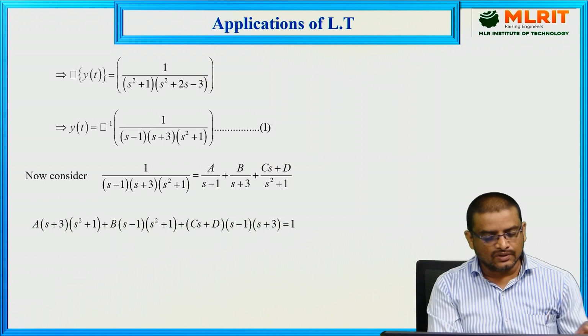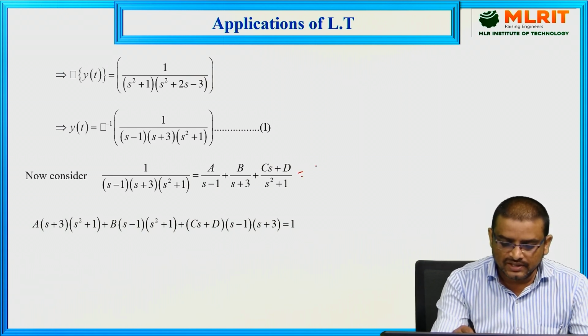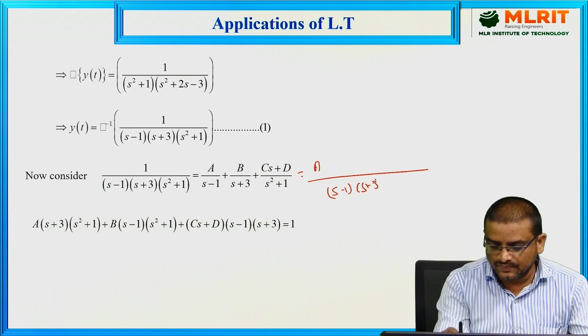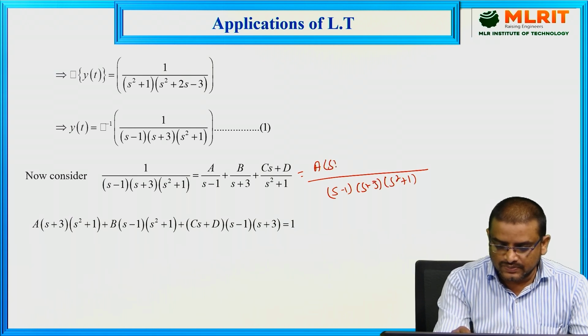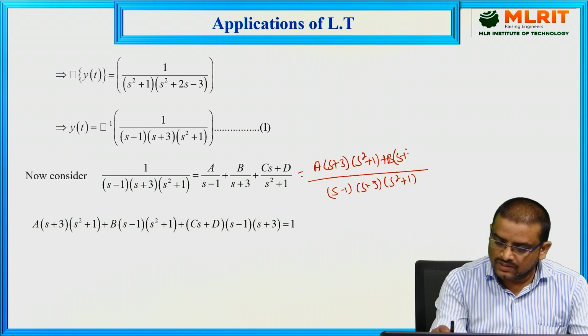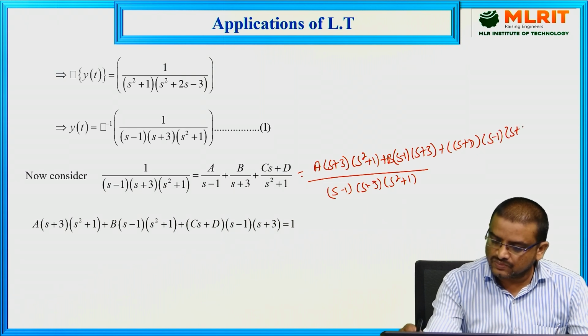Otherwise we can follow the standard procedure by taking the LCM here. So what is our LCM here? LCM is s minus 1 into s plus 3 into s square plus 1, of A into s plus 3 into s square plus 1, plus B into s minus 1 into s square plus 1, plus Cs plus D into the two linear factors s minus 1 and s plus 3.